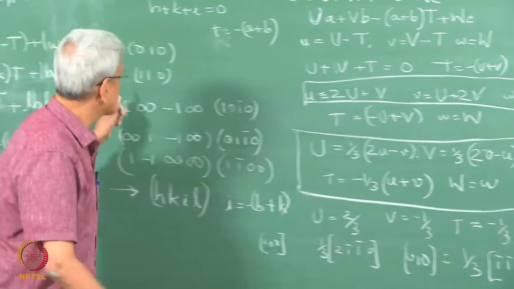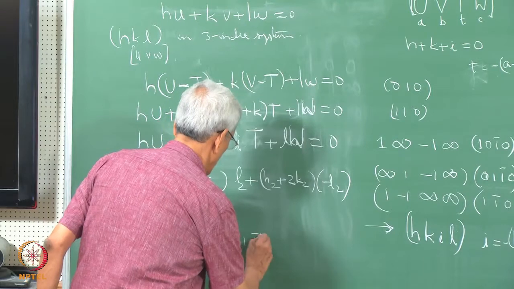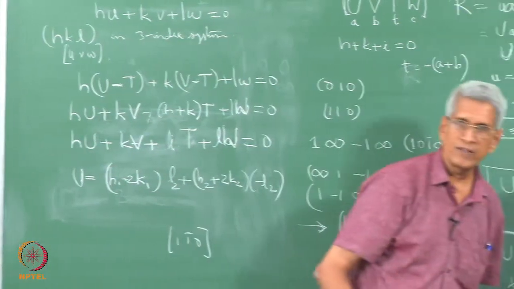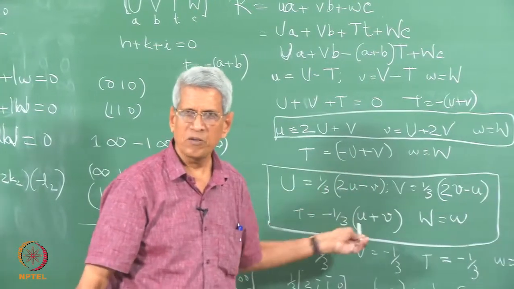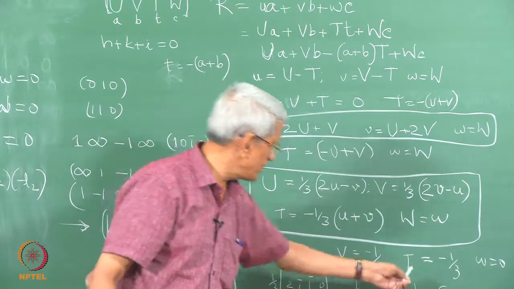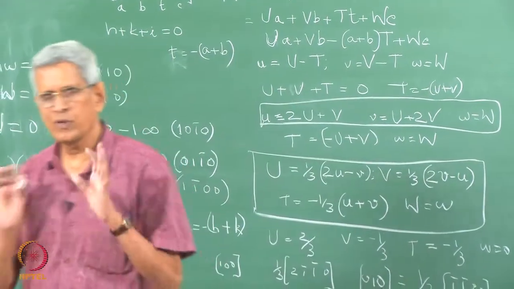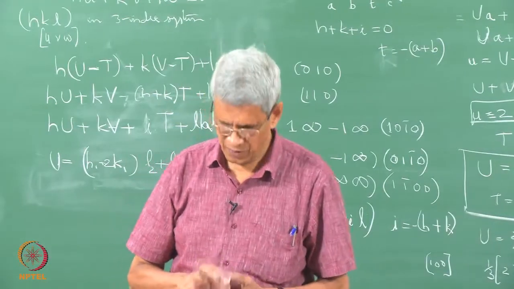Similarly, the direction 1 bar 0 will also turn out in terms of this, because these 3 coordinates x, y and I which you have chosen are symmetry related. So, they will have the same type of indices. This one can be worked out as an exercise and verified.